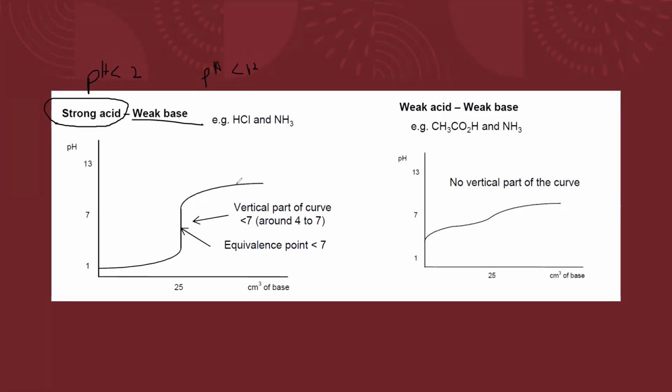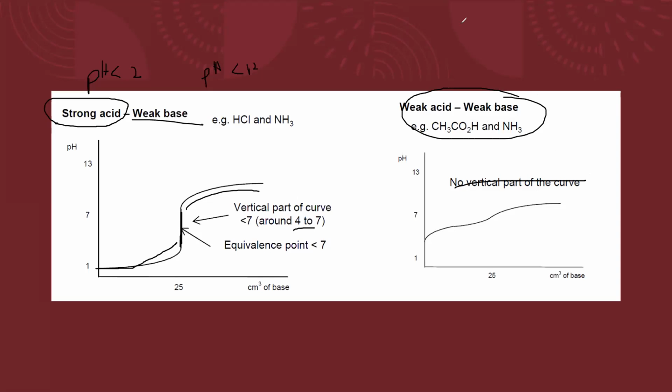So we should end around 12. What will the vertical part be? It's from 4 to 7. So first we'll draw the equivalence point from 4 to 7 and join the starting and ending positions, and that will be the curve. For weak acid and weak base, there is no vertical part.